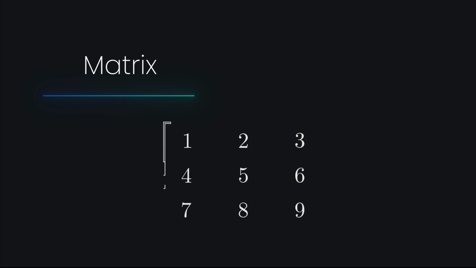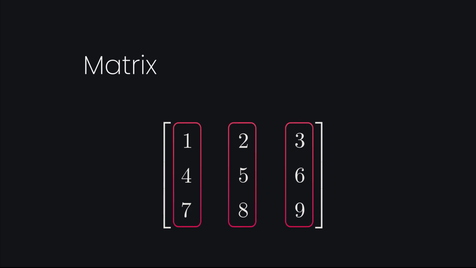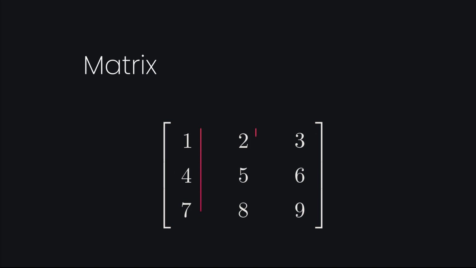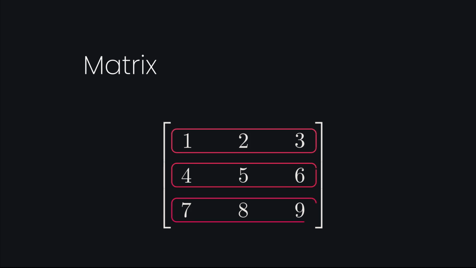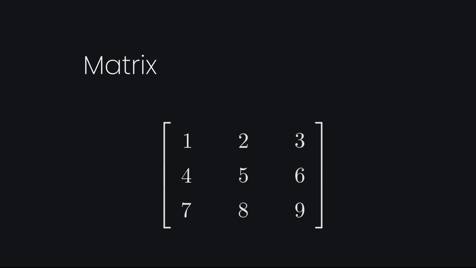Now matrices are also formed by placing scalar numbers together. However, we can think of these numbers as part of a vector. We can consider the vectors as column vectors or row vectors in a matrix. Finally, matrices are composed of vectors placed side by side.